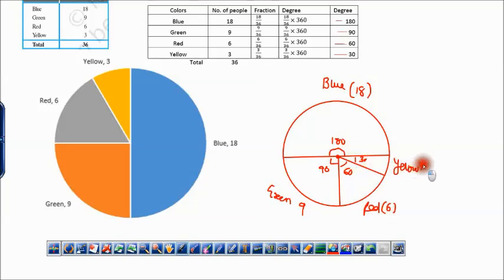So this is how your pie chart would look. It's exactly same as this. सिर्फ घुमा हुआ है, उससे कोई फर्क पड़ता नहीं.